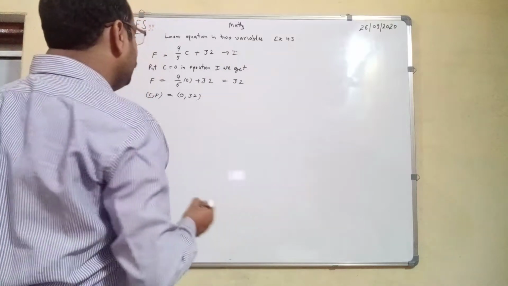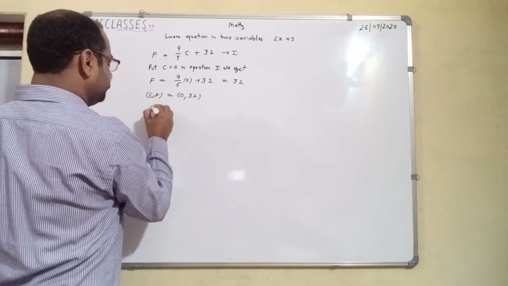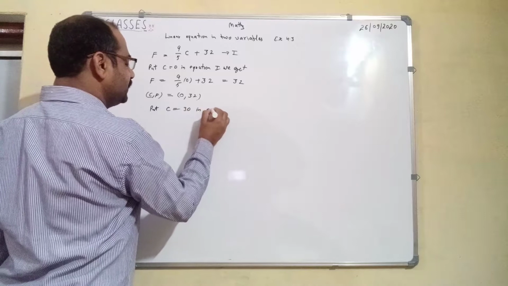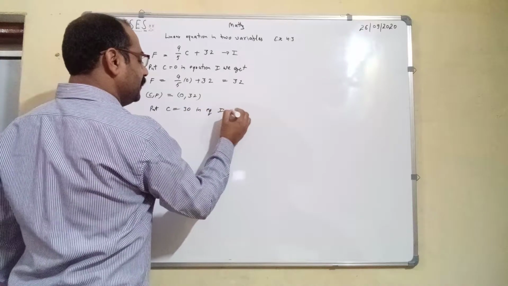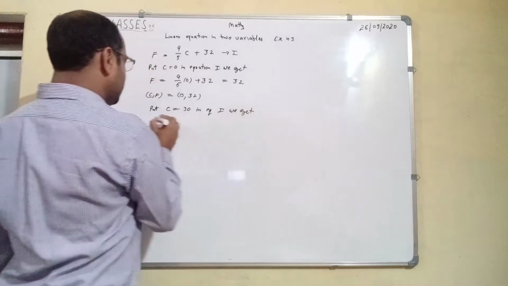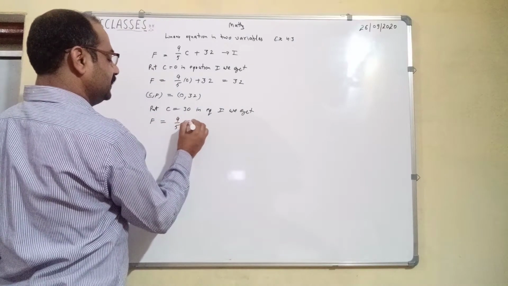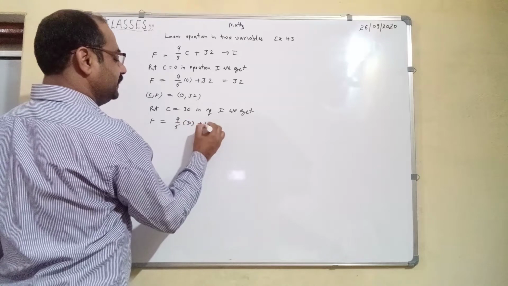Now we put another value of C. Put C is equal to 30 in equation 1. We get F is equal to 9 over 5 into 30 plus 32.